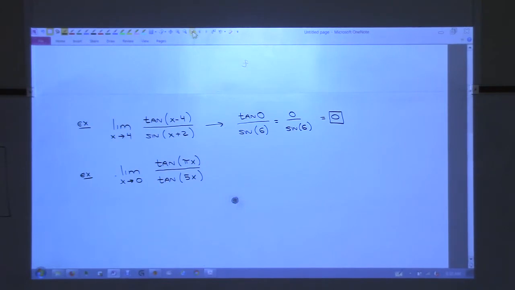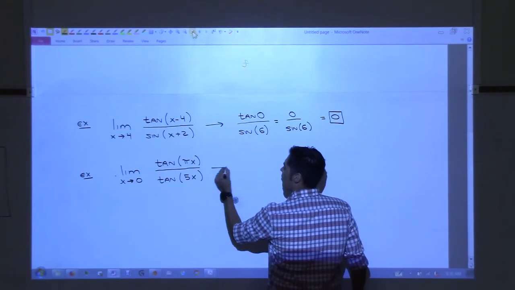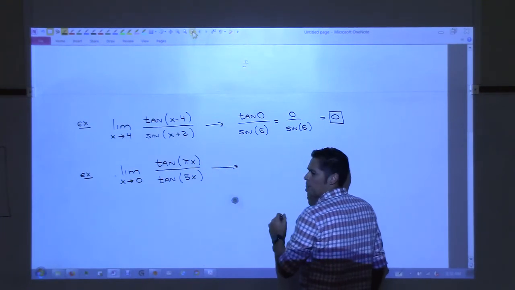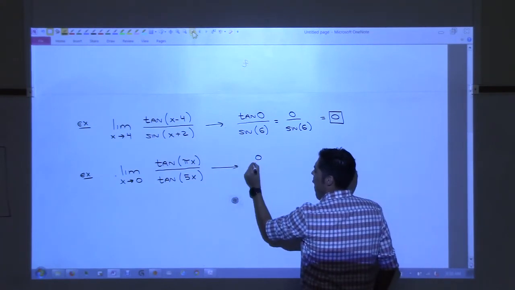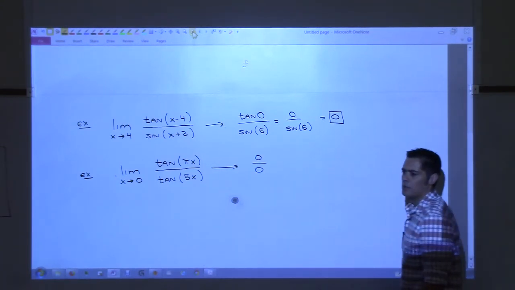Okay? So what's happening here? What sort of form do we have when we take this limit? What's happening on top? 0. Bottom? 0. So this is bad.